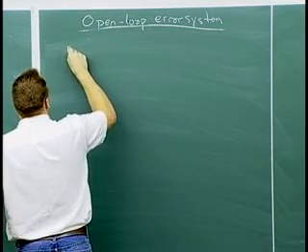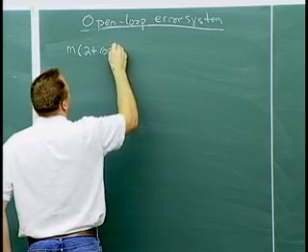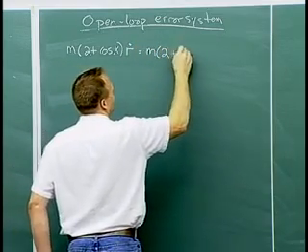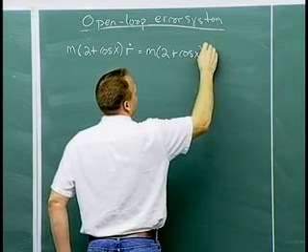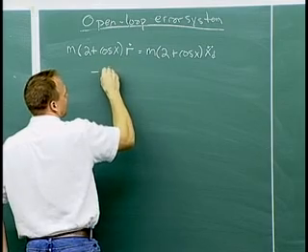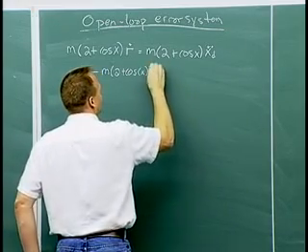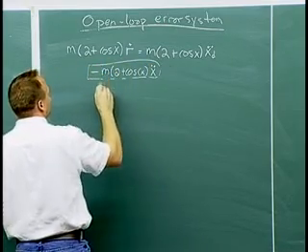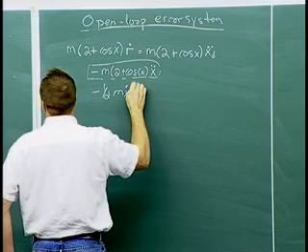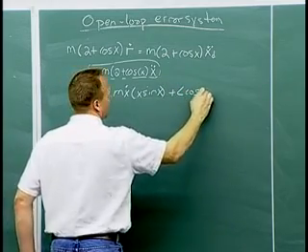So if I said m times (2 plus cosine x) times r dot, this would equal m times (2 plus cosine x) times xd double dot, minus m times (2 plus cosine x) times x double dot, but then I'm going to replace this term with my dynamics: minus 1/2 x dot times x sine of x plus L cosine x minus tau.